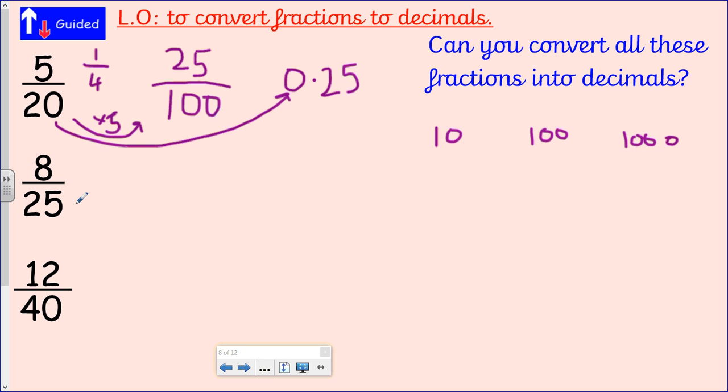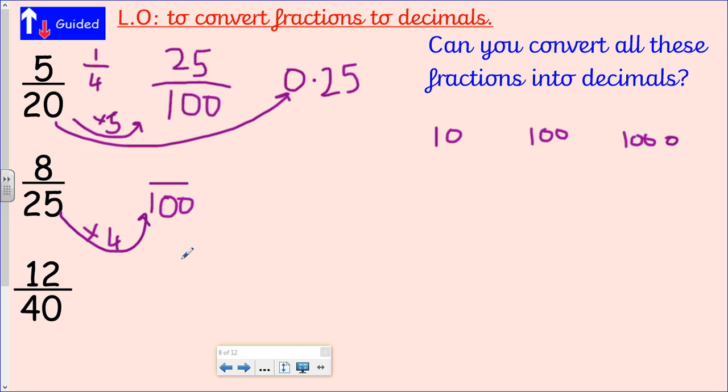Okay, on this next one, we've got 8/25. I'm thinking straight away, I'm going to go straight up to 100. Okay, so same as the last one. Now, these are facts that you need to be remembering now, year 6. So 25 times by 4 is 100. Okay, 25 times by 2 is 50.